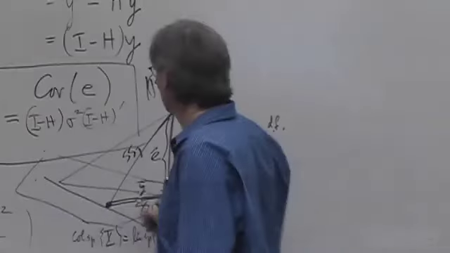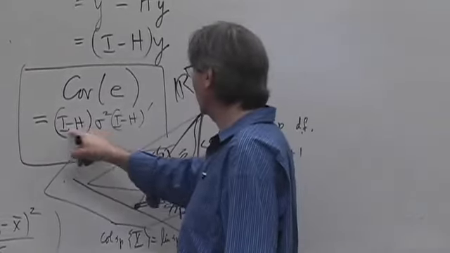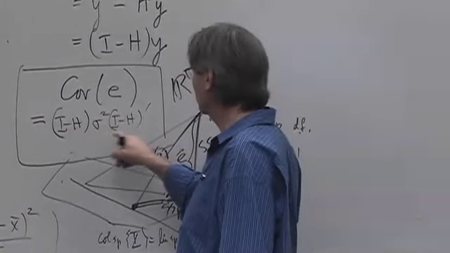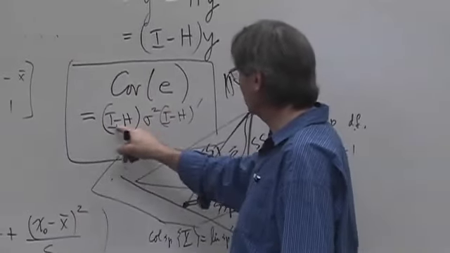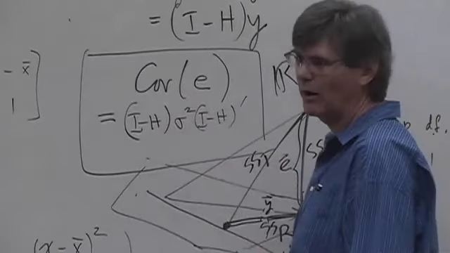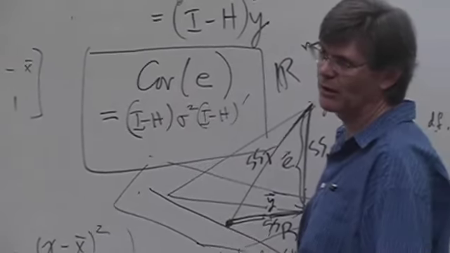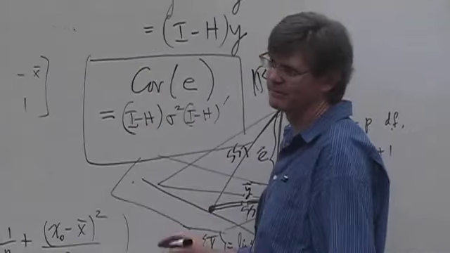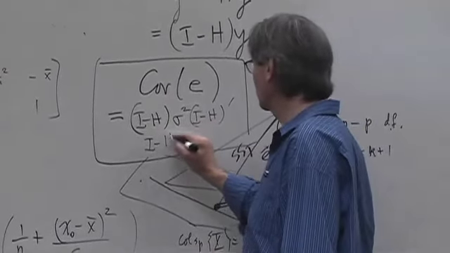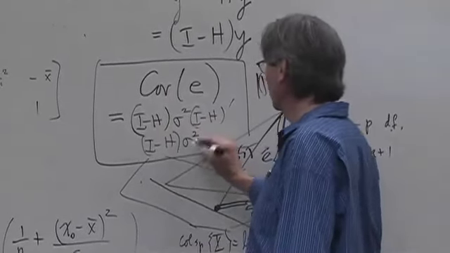And I times h is h. The sigma squared comes out. You get I minus 2h plus h squared. h squared is h, so it comes out I minus h again. So this is I minus h sigma squared.